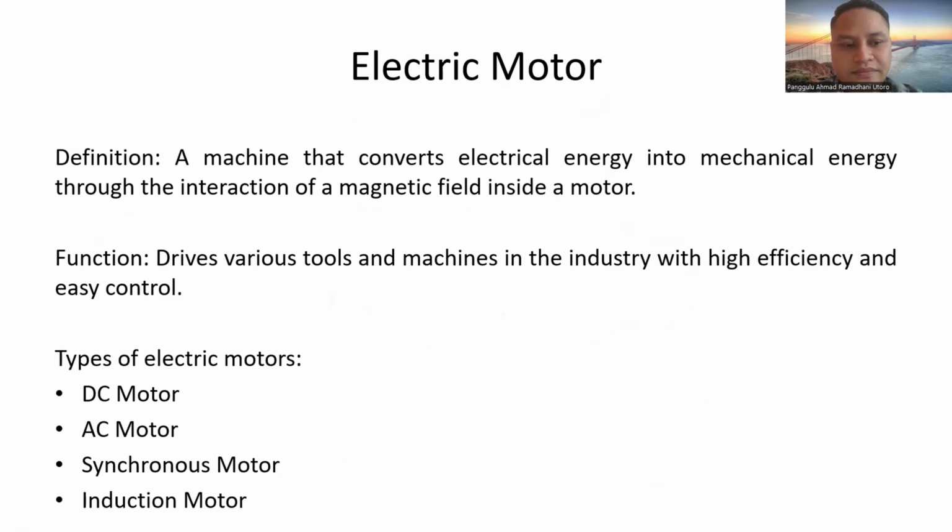The function is to drive various tools and machines in industry with high efficiency and easy control. We have four types of electric motor. The first one is DC motor, the second one is AC motor, the third one is synchronous motor, and the fourth one is induction motor.